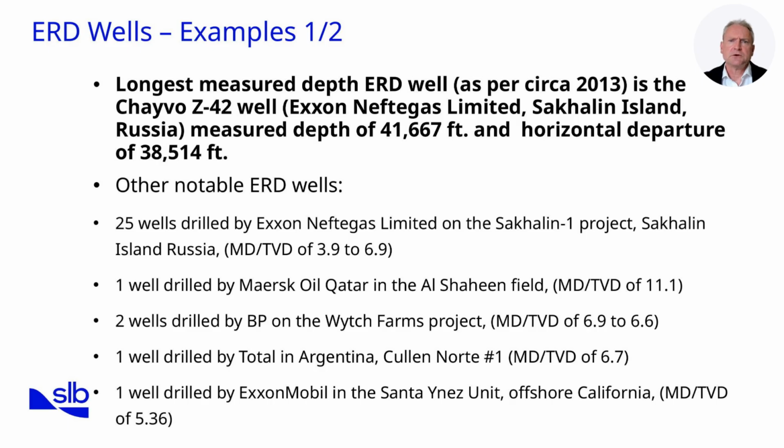BP's Wytch Farm project in the UK achieved ratios of around 6.6 to 6.9, while Total in Argentina drilled the Cullen Norte No. 1 with a ratio of 6.7. Offshore California, ExxonMobil's Santa Ynez unit achieved a ratio of 5.36. These examples demonstrate that ERD wells are not isolated cases, but a proven technique across multiple basins and operators. On the next slide, we'll continue with further examples.